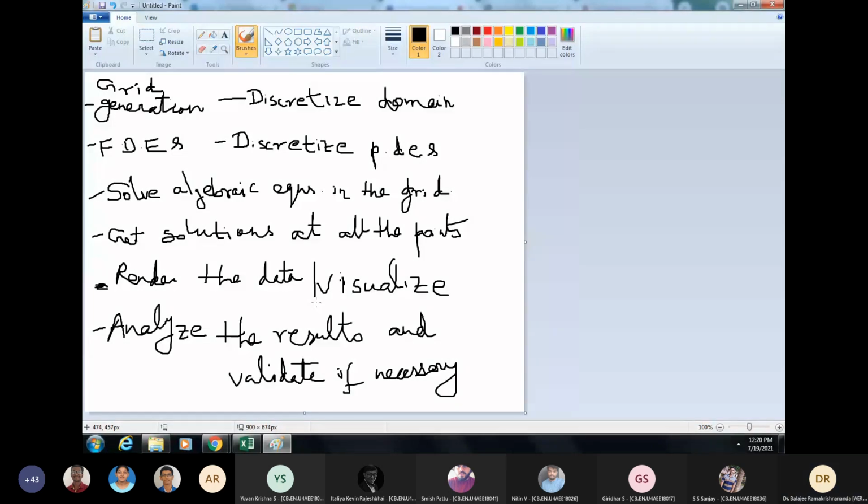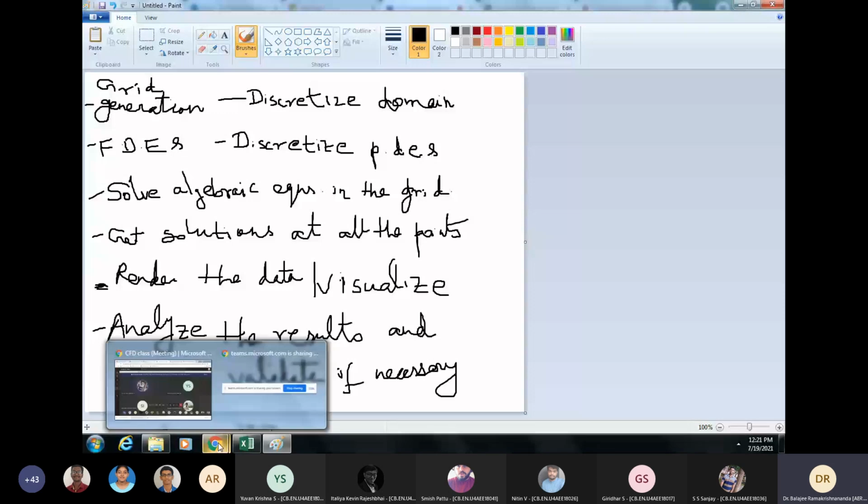Have you done 1D flow analytical somewhere before? You remember? One-dimensional flow. Have you done it somewhere in your BTech earlier? Anything related to one-dimensional flow? Quasi one-dimensional flow?